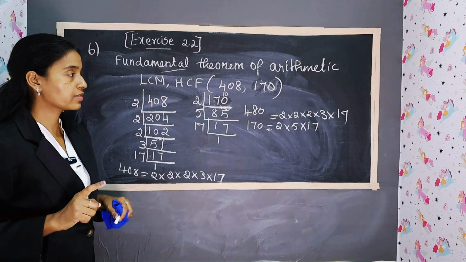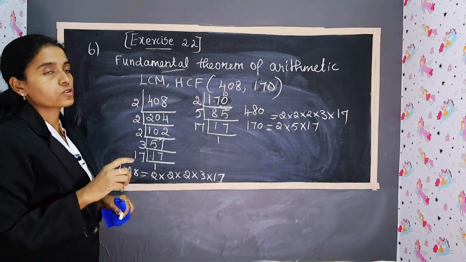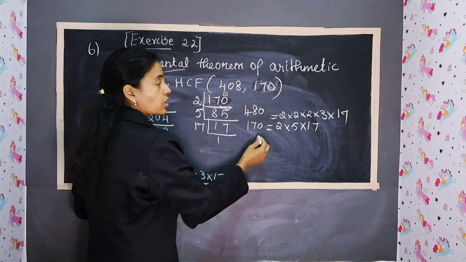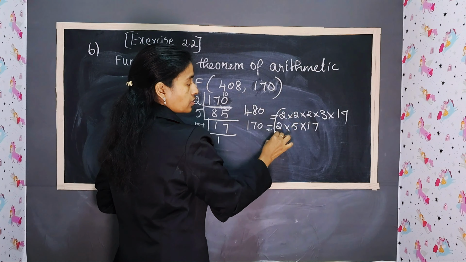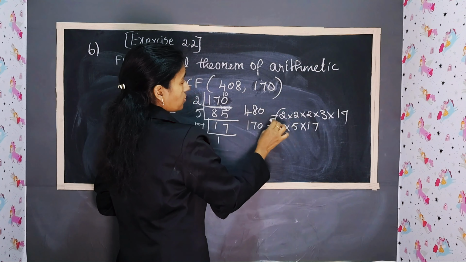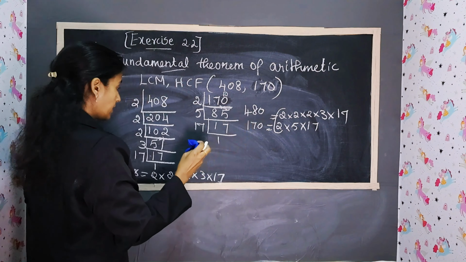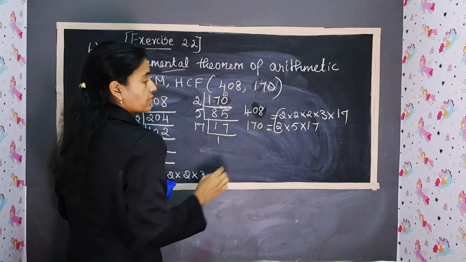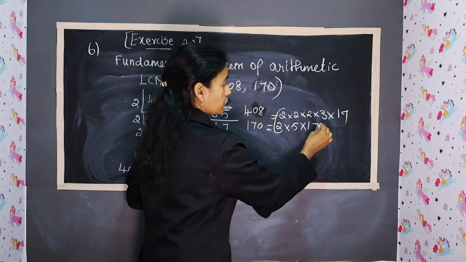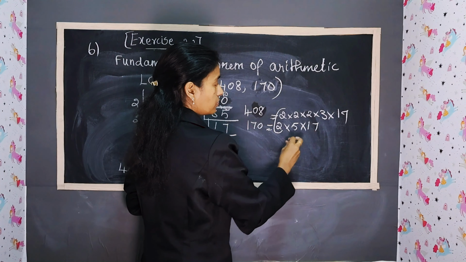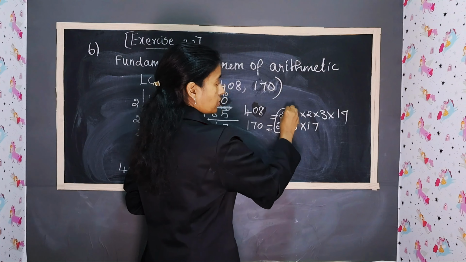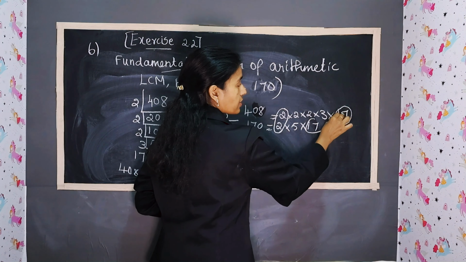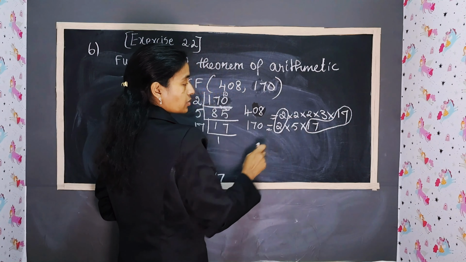What is LCM here? We need to check out the common factors in both cases. What is common in both of these, 408 and 170? This 2 and 2 is common in both, and this 17 and 17 is common in both.